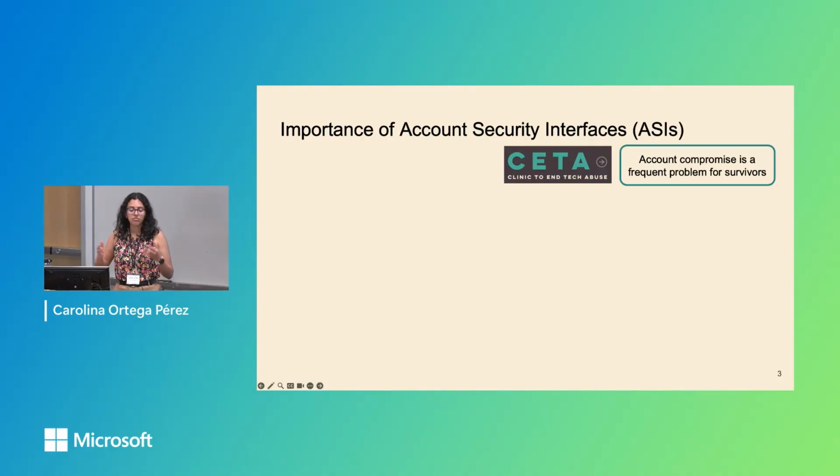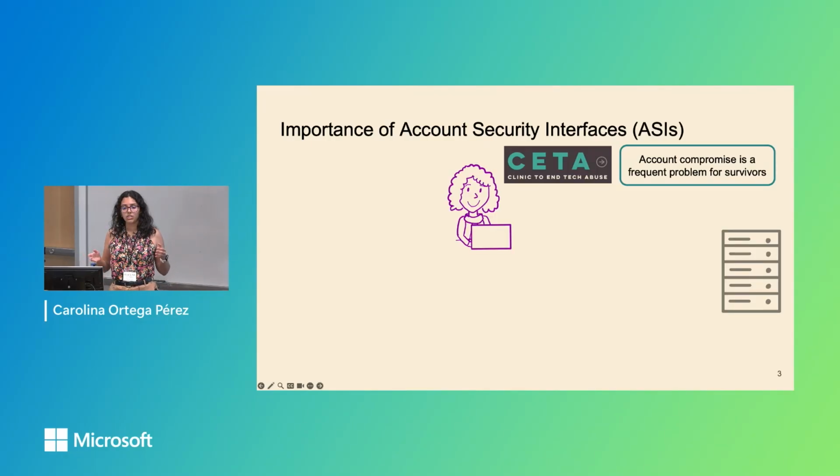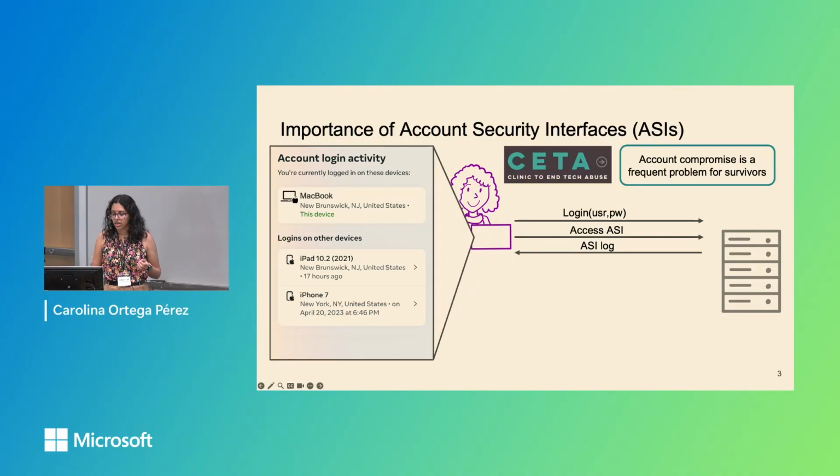In IPV situations, oftentimes the abusive partner knows the survivor's password and can authenticate as them. So at CETA, one of the main things we help survivors with is account security checks to see if an abusive partner has gotten access to their account, and this is very important for their safety. In an appointment, we have the survivors log into their accounts and then access their account security interface, or ASI for short.